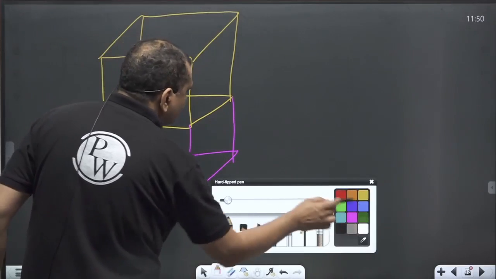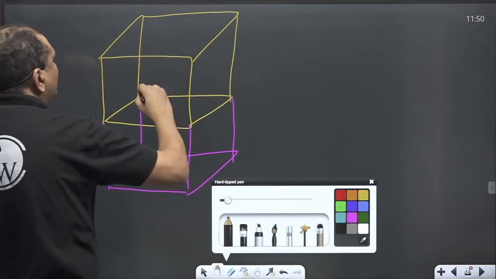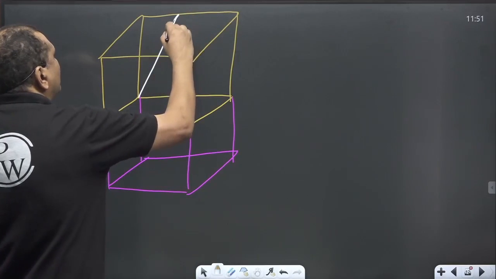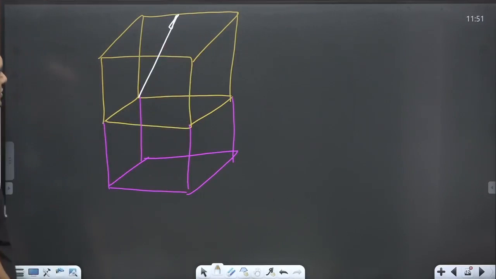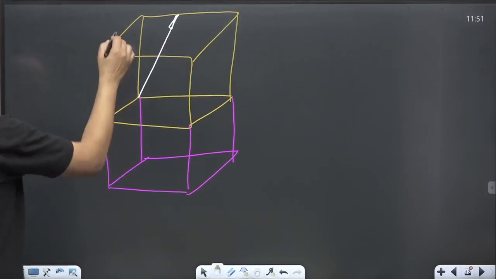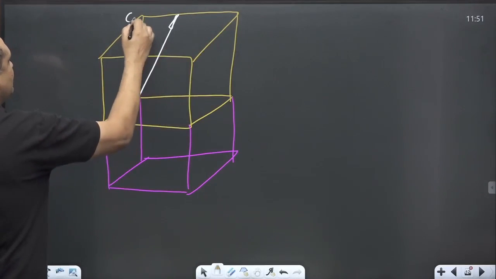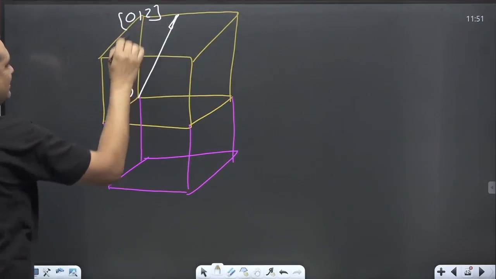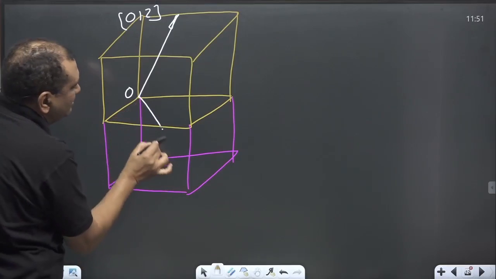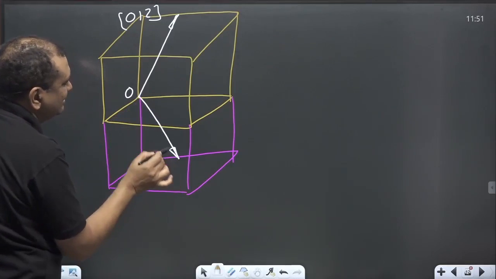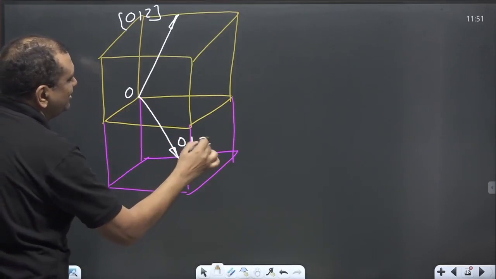This is the direction. Suppose this is the origin. This is 0, 1, 2. And when this is the direction, it will be 0, 1, 2 bar.